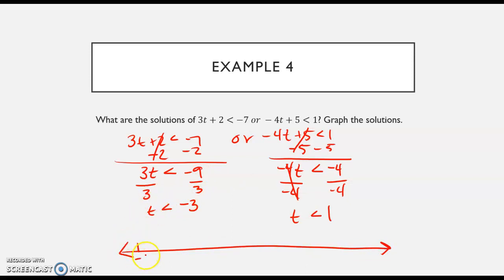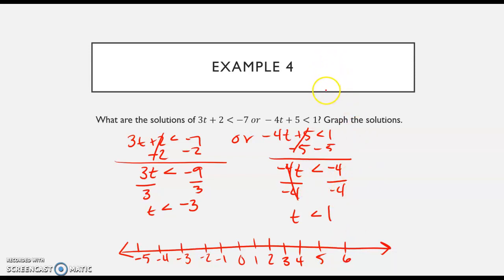So we have -5, -4, -3, -2, -1, 0, 1, 2, 3, 4, 5, 6.